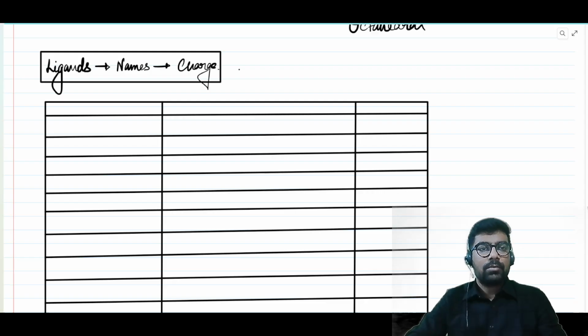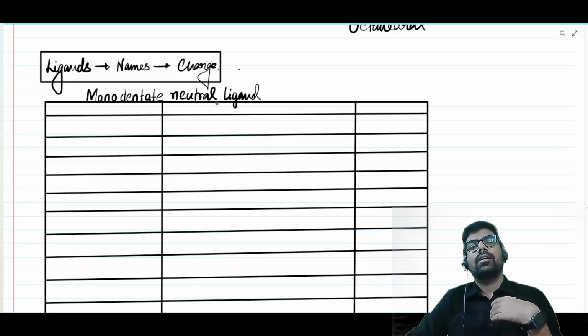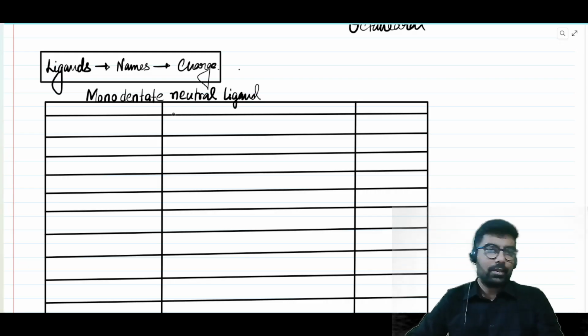Monodentate neutral ligands. Monodentate, as the name suggests, have only one binding site. Neutral, so their charge is zero. All are ligands, all are Lewis bases, so they can give an electron pair. The first one is NH3.